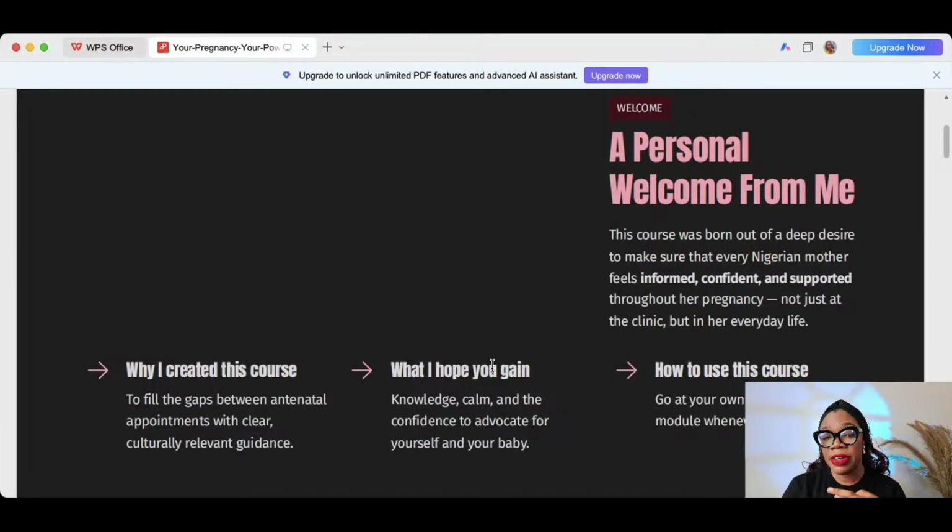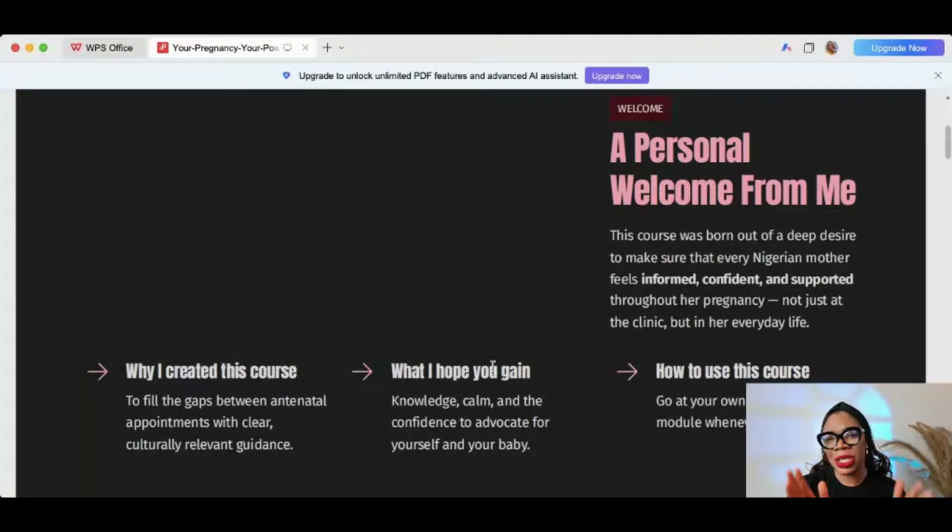Especially for beginners, when a woman comes for an antenatal appointment, between the current appointment and the next one, there might be some form of gap. So I decided that I will fill this gap by providing clear information and guides that pregnant women can look at now and again.